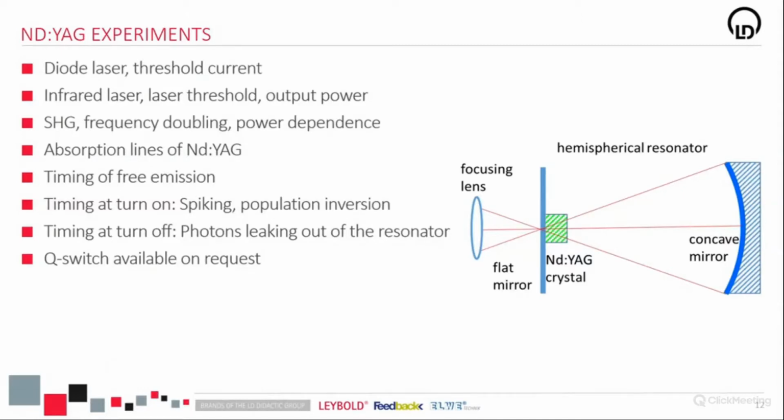When I change the temperature of my diode laser, it changes its wavelength, and we can vary the absorption. We can have a look at the timing of the free emission just by placing the detector close to the crystal, not using any resonator. We'll see it's 250 microseconds. We have just seen the spiking, and we can have a look at the timing on turn off and so on.